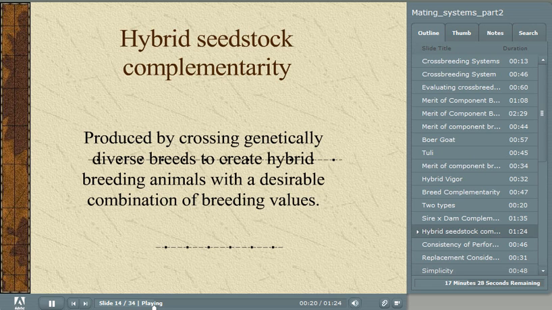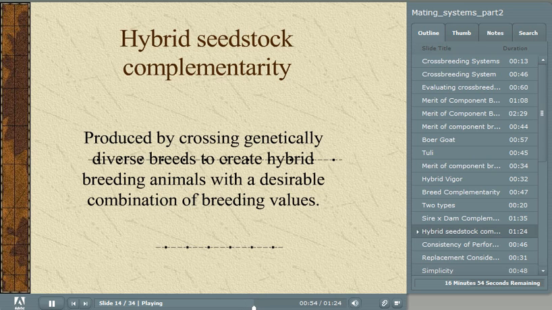So we think about the Brayford, that is a Brahman Hereford cross, the Brangus we've already talked about, the Simbra, a Simmental Brahman cross, and then to some degree we recently have seen a growth in the Simmental Angus crossbreds, trying to take advantage of the growth rate of Simmental and the good milk potential, as well as the fertility aspects and the moderation from the Angus to produce a desirable hybrid seed stock breed, if you will.